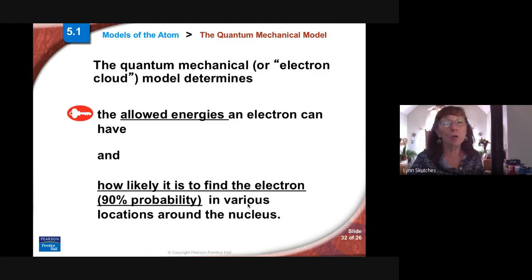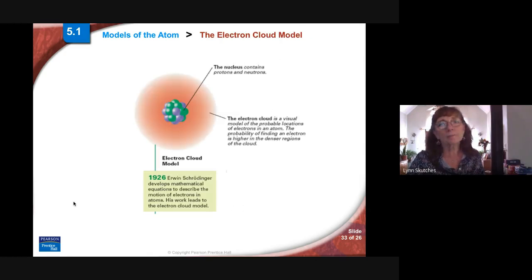Obviously, that's a little bit harder to process than the orbiting planet around the sun kind of model, and so you can understand why the orbiting electron thing is hard to get rid of. We really don't know. We can't predict where it's going to be this month or next year.